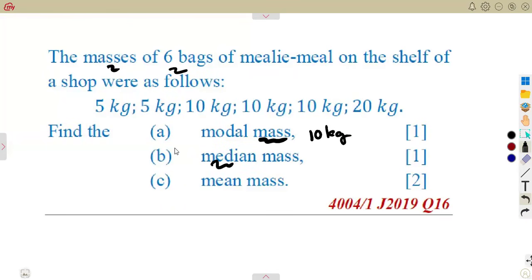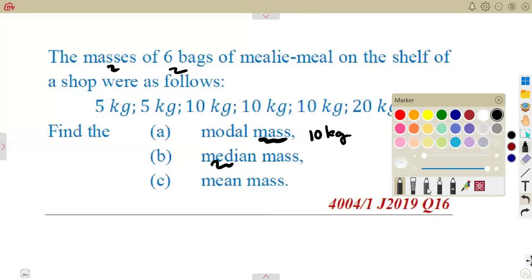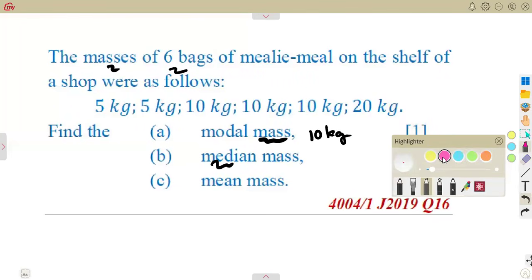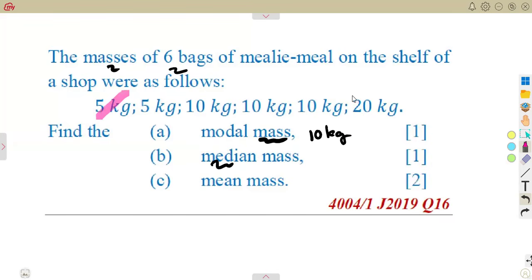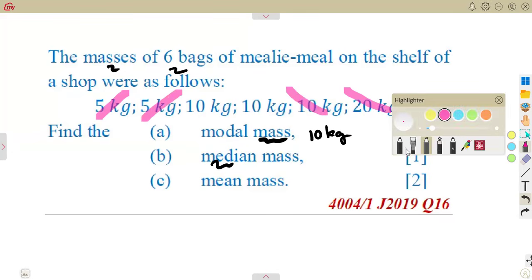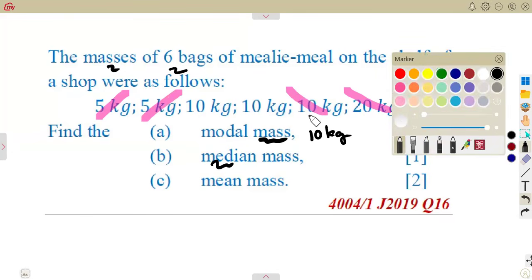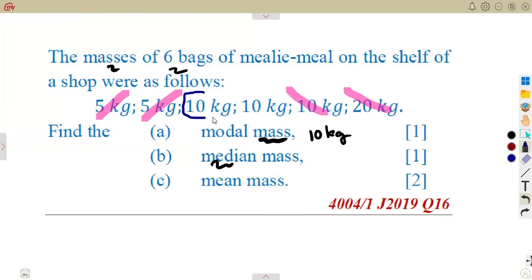The median, remember, the median is the one that is in the middle if these numbers are in the order of size, and already these numbers are in order of size. So which one is in the middle? The 5 kilogram cancels with the 20, the 5 and the 10. What is remaining? We can see that there are 2 numbers remaining in the middle, a 10 and a 10.